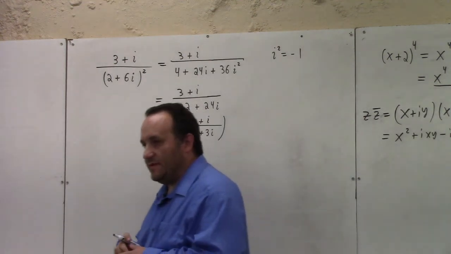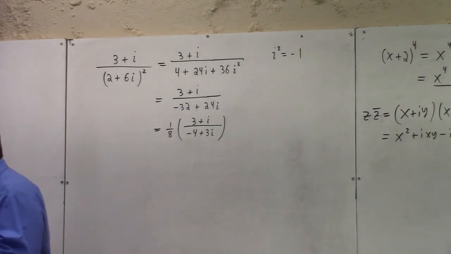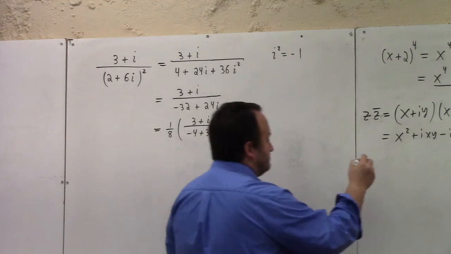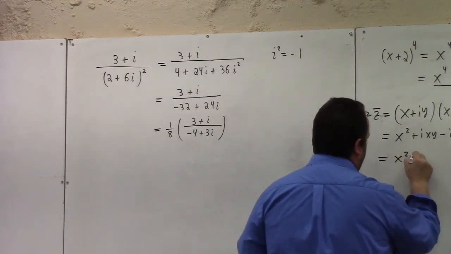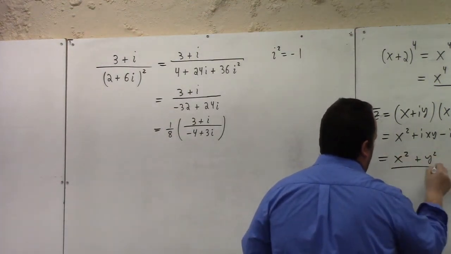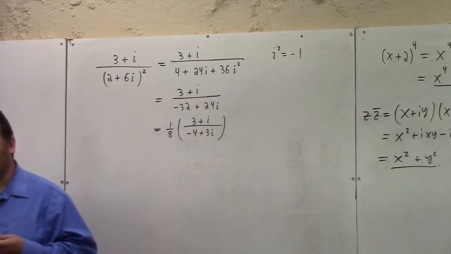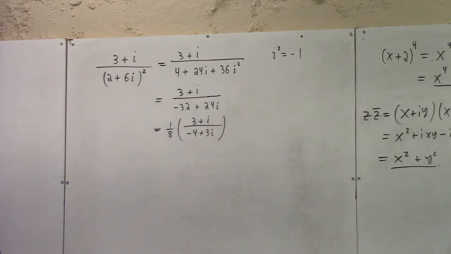So multiplying by the complex conjugate of a complex number makes the imaginary parts cancel out, and it just leaves us with x squared plus y squared. So that's a critical observation. That means if we multiply by the conjugate of a complex number, we're going to make it real.